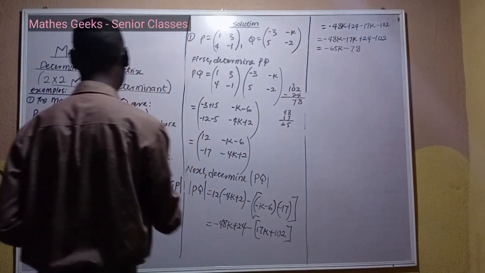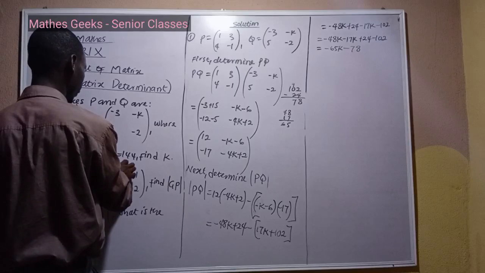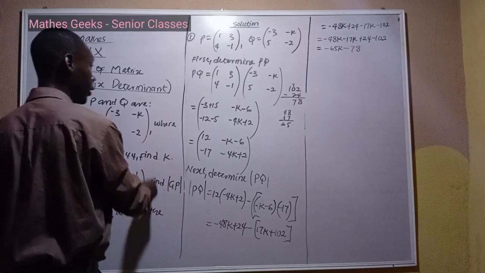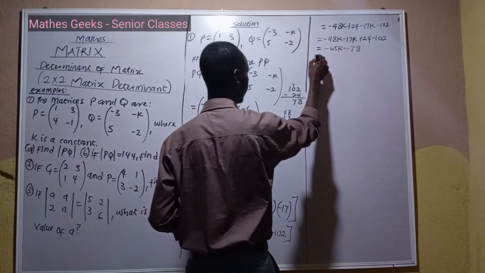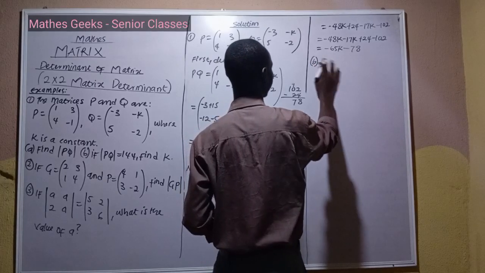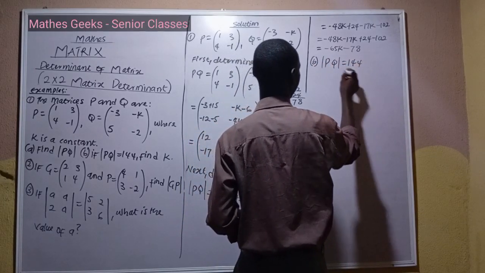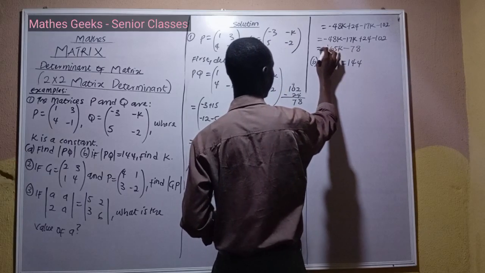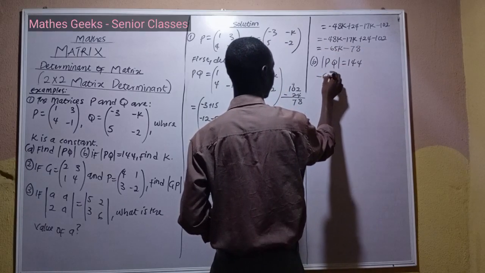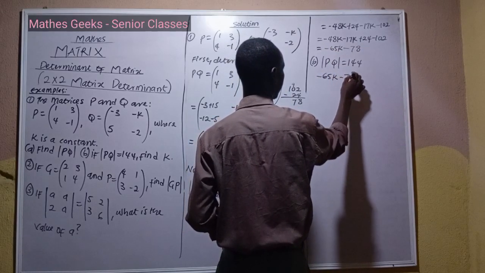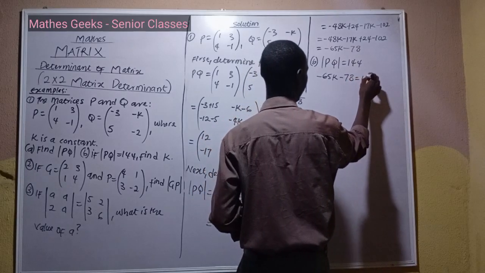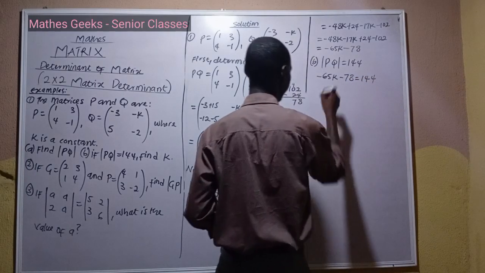B says if the determinant of matrix PQ is equal to 144, find the value of k. So the determinant of PQ is equal to 144. The determinant of matrix PQ is the result of this, minus 65k minus 78, is equal to 144.